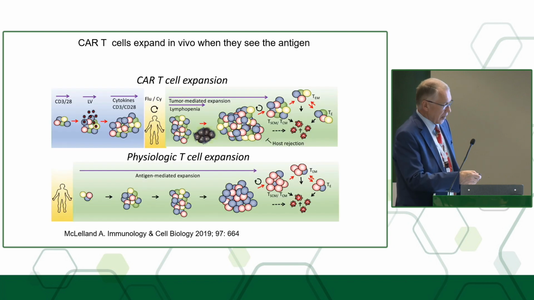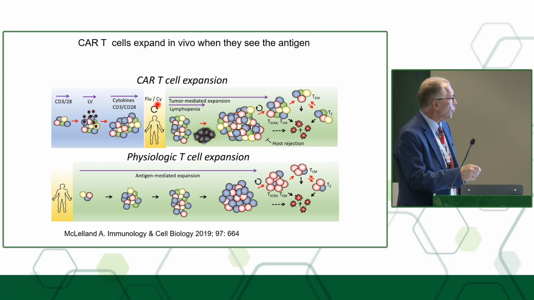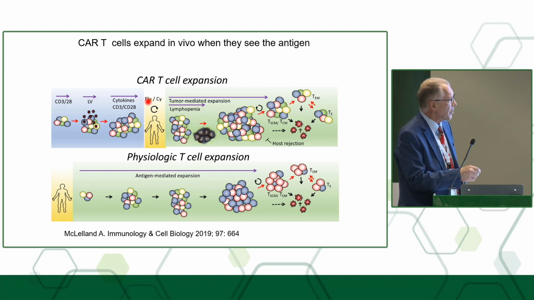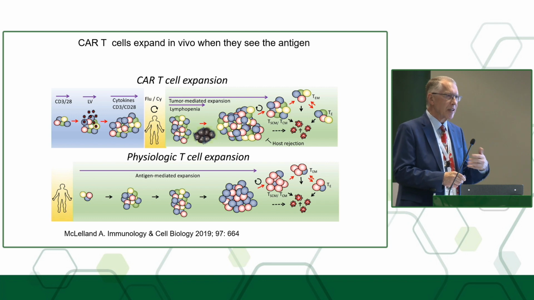And this is what we see when the CAR T cells see their target. They start to expand very rapidly, and this also causes some side effects like cytokine release syndrome. It has been shown that you have to pre-treat the patients with a conditioning regimen, low-dose fludarabine and cyclophosphamide, to make the patient lymphopenic.